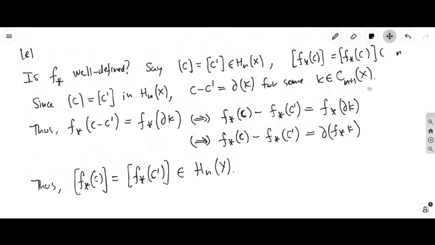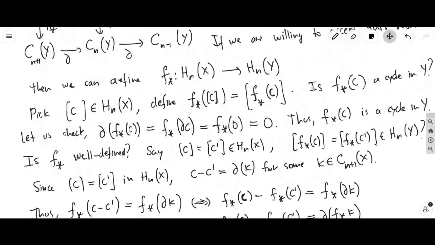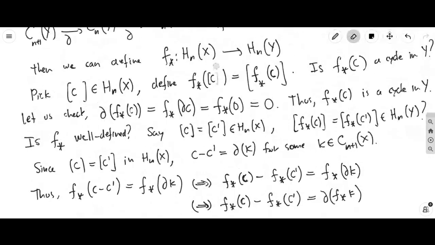The other thing we need to check is, is f star a group homomorphism? Well, that part is actually easy. We're not even going to bother to write it down because that's just going to insult the audience.